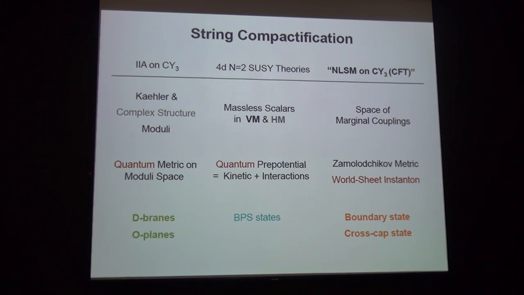And these moduli spaces will lead to various massless scalar fields in this 4-dimensional theory from compactification. In particular, the Kähler moduli parameters will give us a massless scalar field in the vector multiplet. From the worldsheet point of view, the Kähler and complex structure moduli spaces will define the space of marginal couplings of the corresponding 2-dimensional N=(2,2) superconformal field theory.